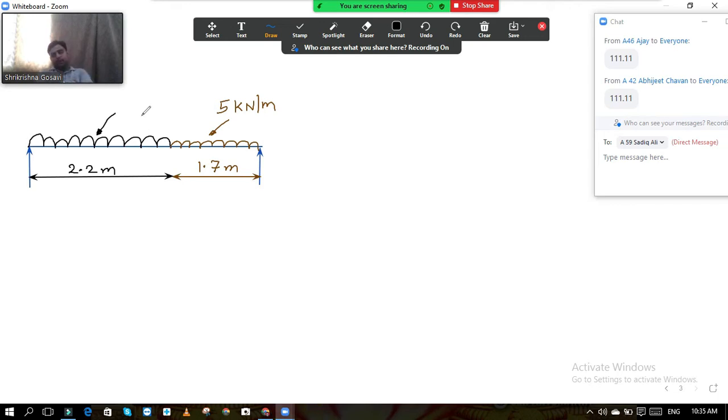Dead load of slab, dead load of steps, live load, all these things we have considered. So what is the value? Maybe 20.56 or 18.56, somewhat that sort of value was there.